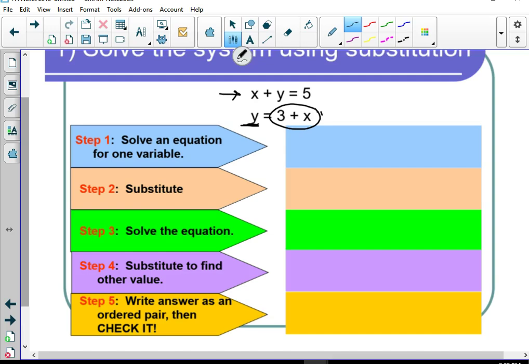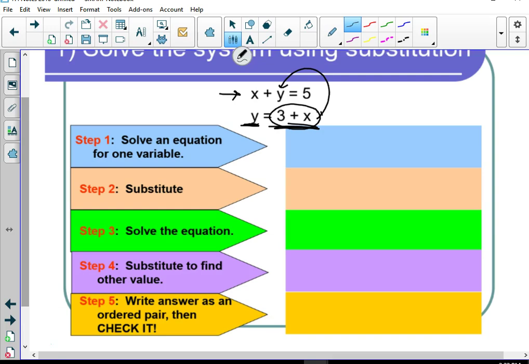We are saying that y is the same thing as 3 plus x. Or it's like if you have a nickname. I could call you y. I could call you 3 plus x. It's the same thing. What we're going to do is take this 3 plus x and put it in for y.